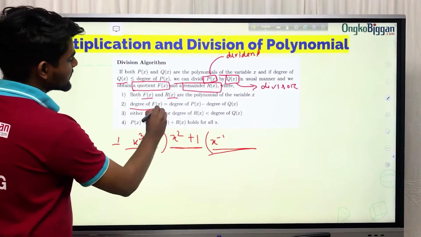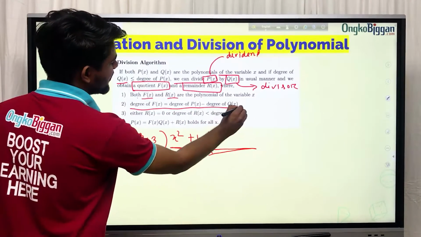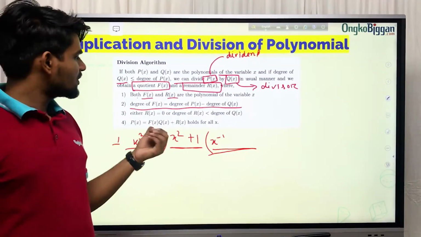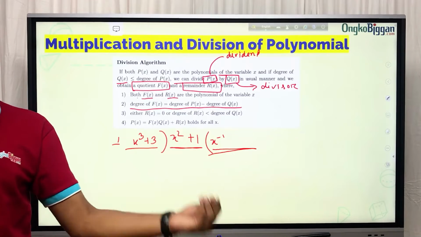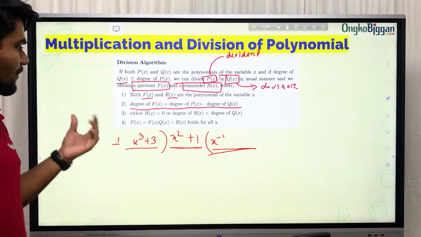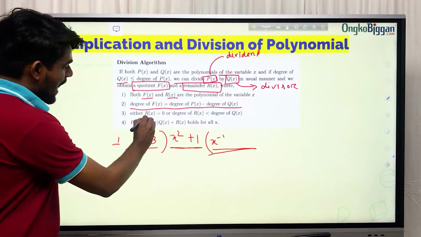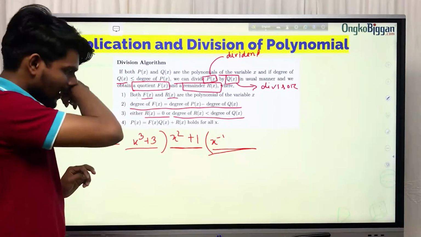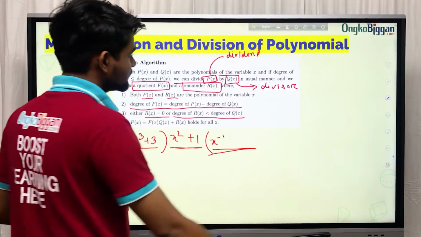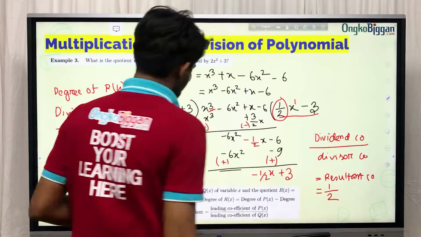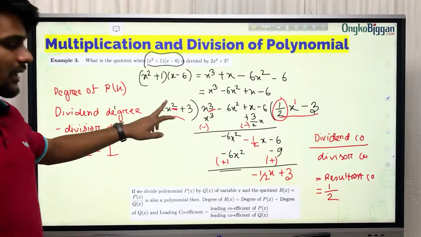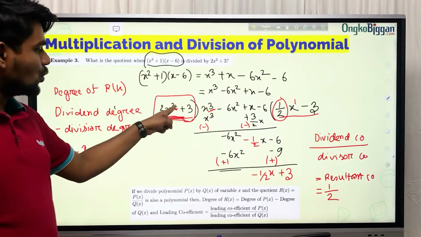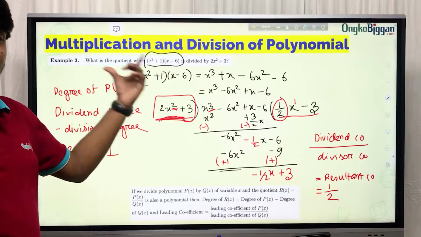So the degree of f(x) is equal to the degree of p(x) minus the degree of q(x), that is, the degree of the quotient is equal to the degree of the dividend minus the degree of the divisor. And r(x) can be 0, or the degree of r(x) is smaller than the degree of q(x). See, in the previous math, the degree of the divisor, 2x squared plus 3, is 2.